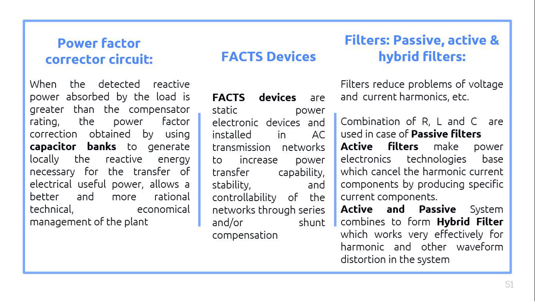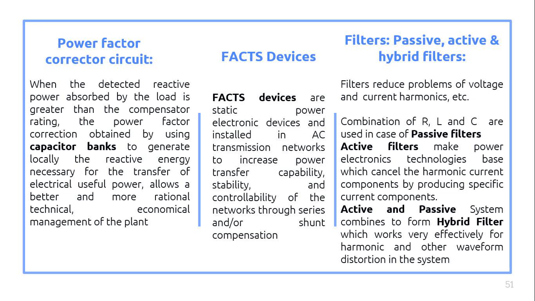Filters: passive, active and hybrid filters. Filters reduce the problem of voltage and current harmonics. There are basically three types of filters: passive, active, and the combination of passive and active, that is the hybrid filter.